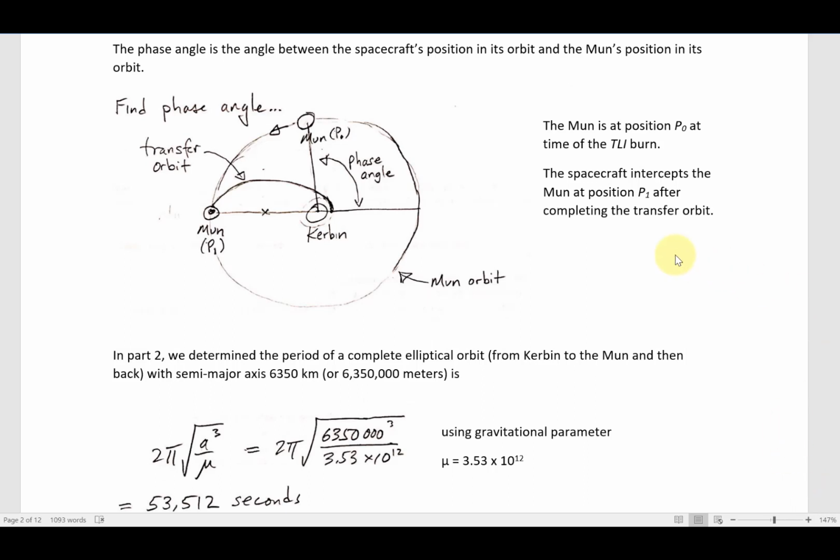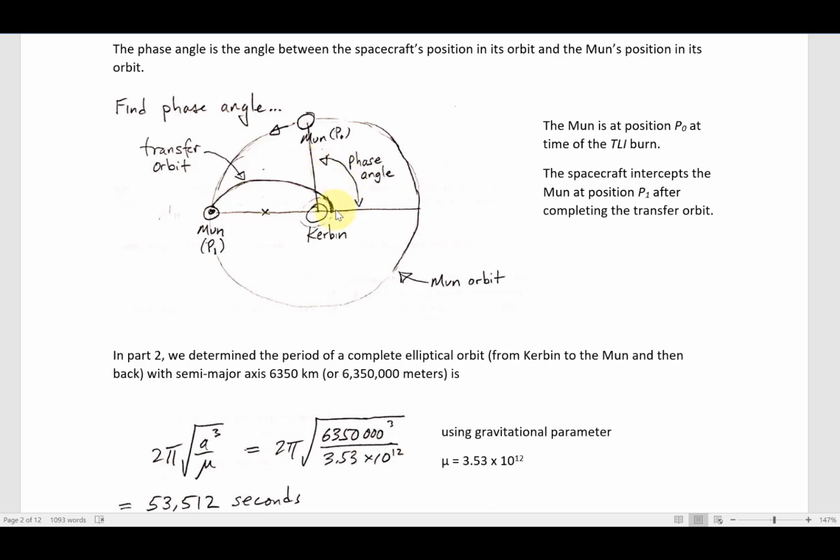The phase angle is the angle between the spacecraft's position in its orbit and the Mun's position in its orbit. So the phase angle is this angle here. So the rocket might be starting at this point here. That would be the periapsis when it fires its rockets to travel on this transfer orbit. At that moment, we're looking for the phase angle.